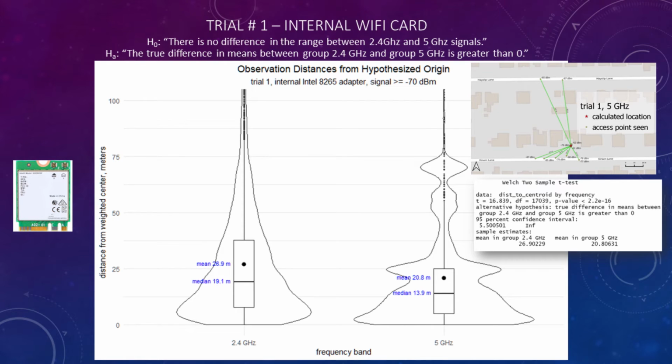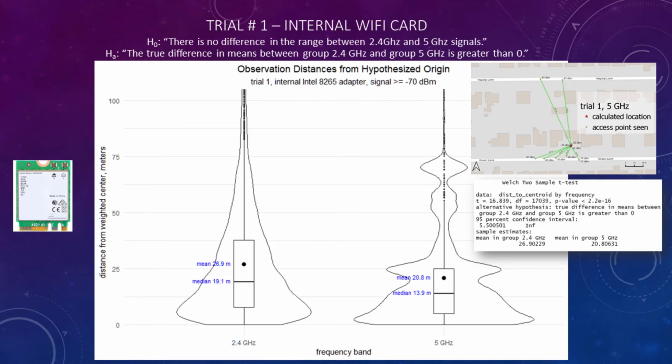These are two violin plots with box plots inside. The curved sides of the violin plot show the distribution of the data. See how both distributions show a skew toward lower distances. And this makes sense. You're going to get more sightings closer to the access point.